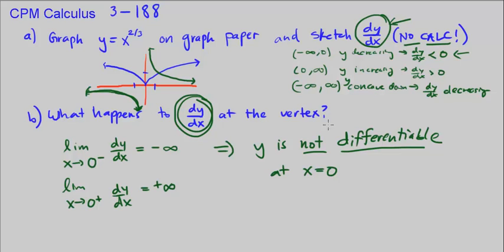Therefore, we do not have a derivative. dy dx is not defined at x equals 0. Okay? So that's part A and B. Let's go on to part C.